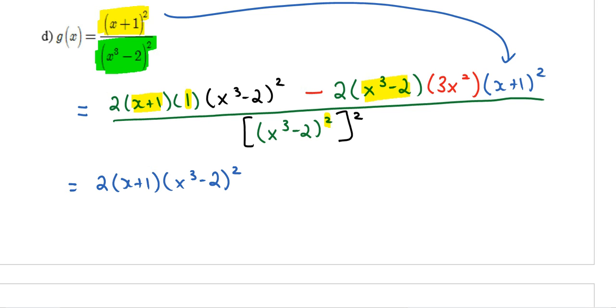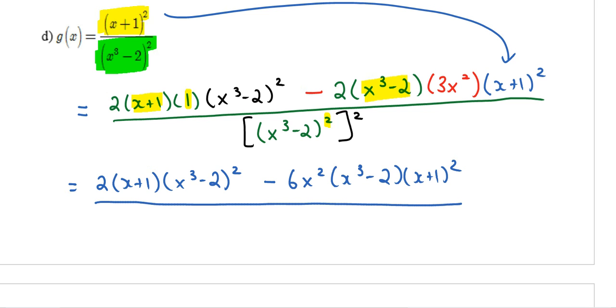Okay, then I can minus, let's just say minus 6x squared times x cubed minus 2 times x plus 1 all squared divided by, now if you're not sure on how I got this 6x squared here, all I did was I grabbed this 2 there and that 3x squared. I just multiplied those together and brought that to the front to get 6x squared. And the denominator is simply going to be x cubed minus 2 to the power of 4. So all you have to do here is just take your 2's and multiply them together, and you'll get 4.